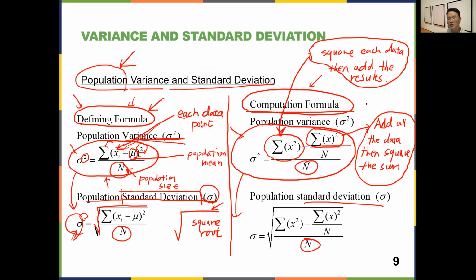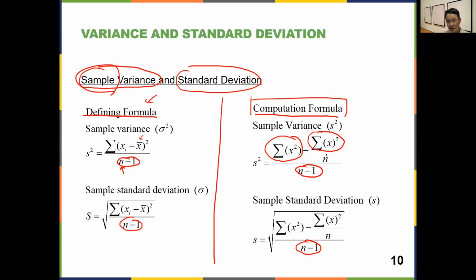Just like these two, right? And divide by n here, but the final division is going to be n minus 1. So this is the formula to figure out the sample variance and sample standard deviation.